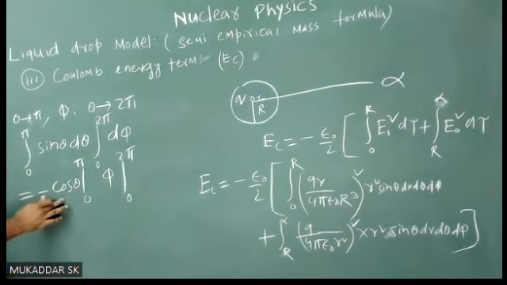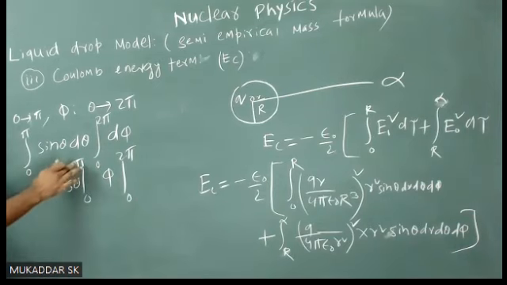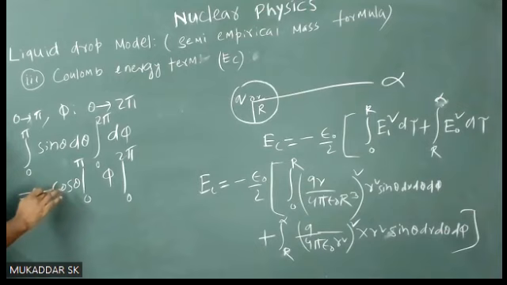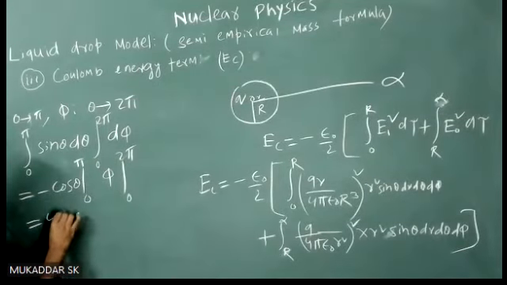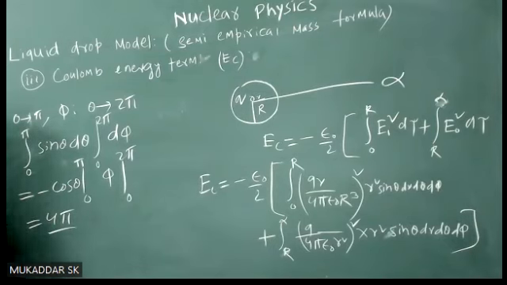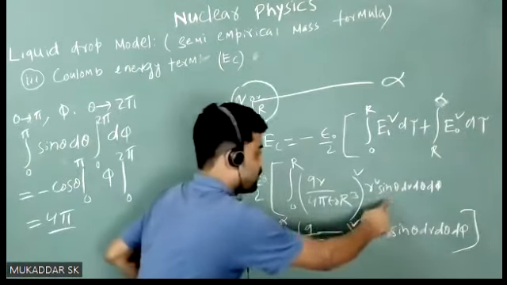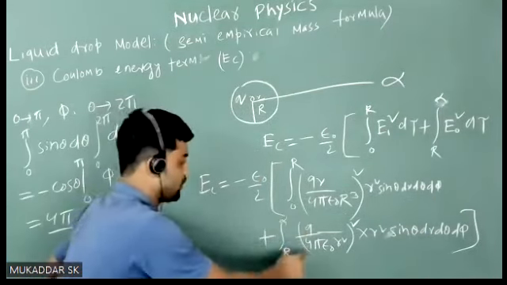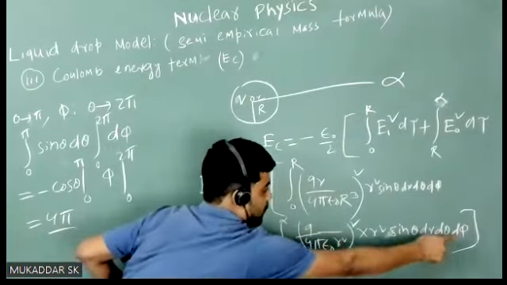So minus cos theta, cos pi का वैल्यू -1 होता है, so you have +1, then substituting the lower limit you will get another +1. So at the end this will give you +2, and the phi component will give you 2 pi. So at the end you will get 4 pi. So directly I will write sin theta d theta d phi is 4 pi.